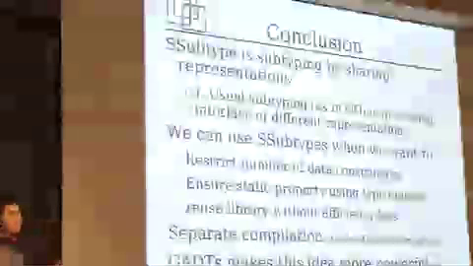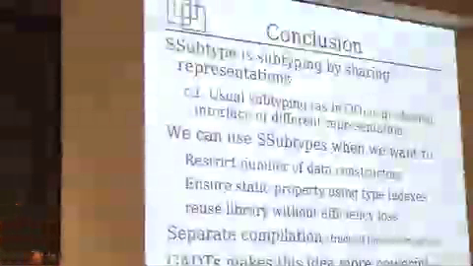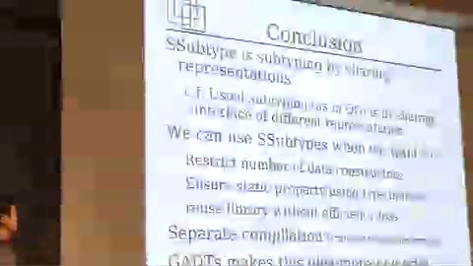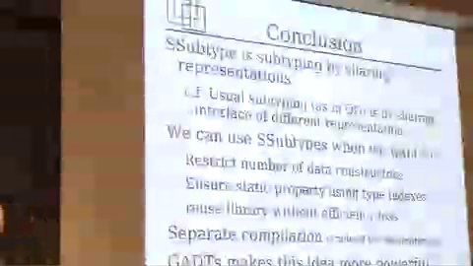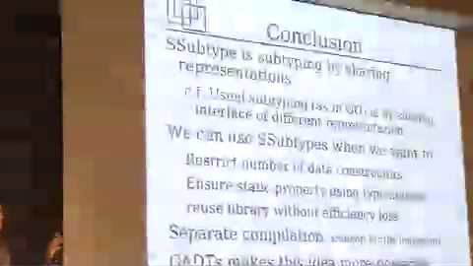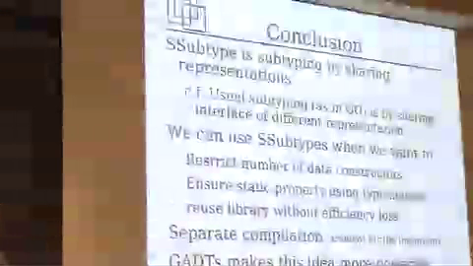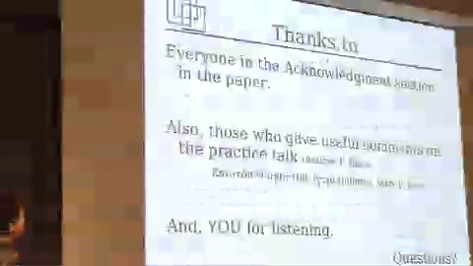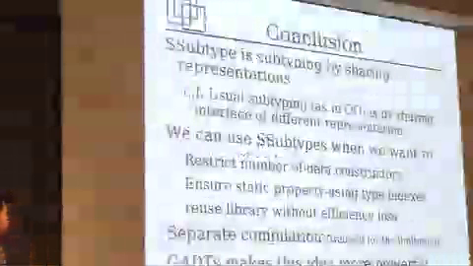We can use shared subtypes when we want to restrict the number of constructors, for like numeric expressions, where we want to have certain operators, or we've seen that we can ensure static properties using type indexes and still share the representation of the underlying less typed instance. And so we have library views without efficiency loss.